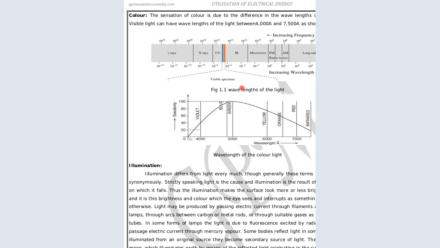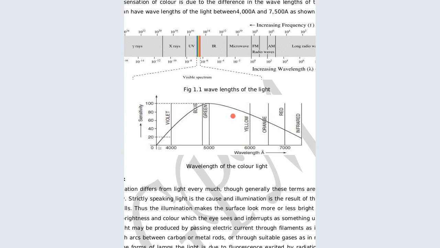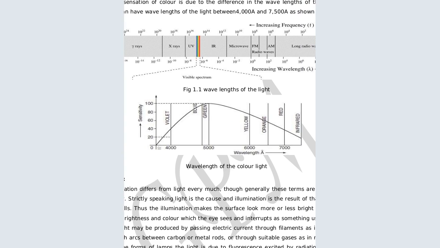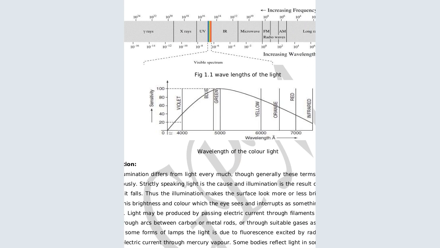Here we see X-rays, gamma rays, ultraviolet rays, then microwaves, infrared rays, the FM, the AM radio frequencies, and the long radio waves. The range of visibility is between the gamma rays and the microwaves, so you are able to see them.